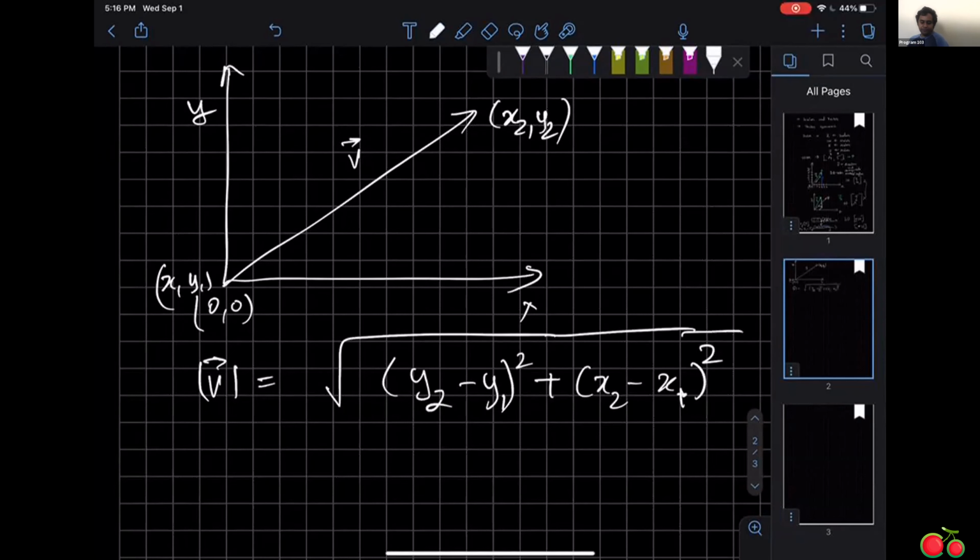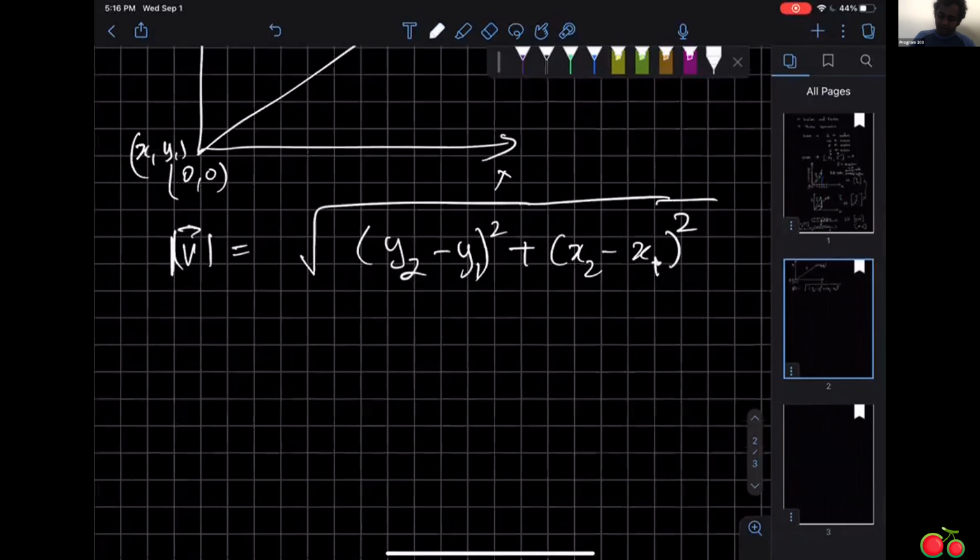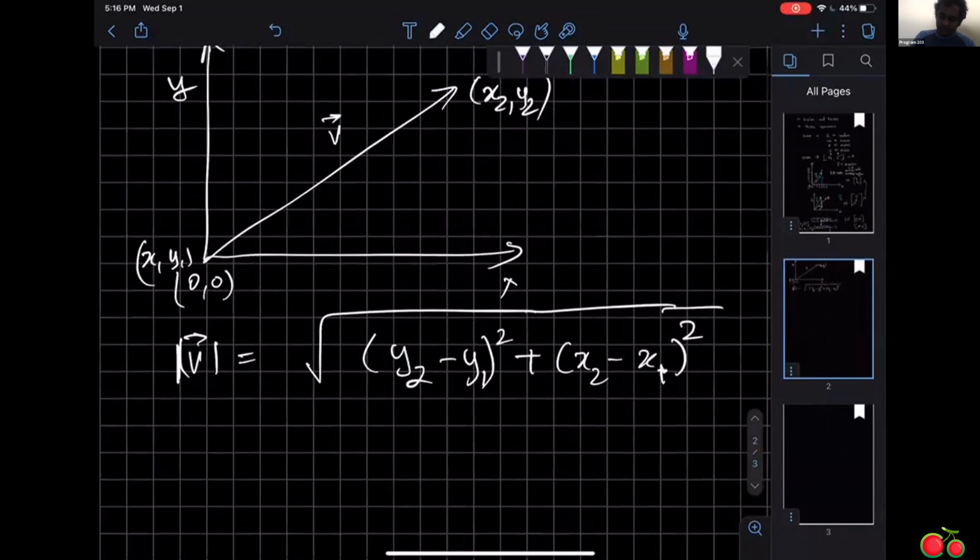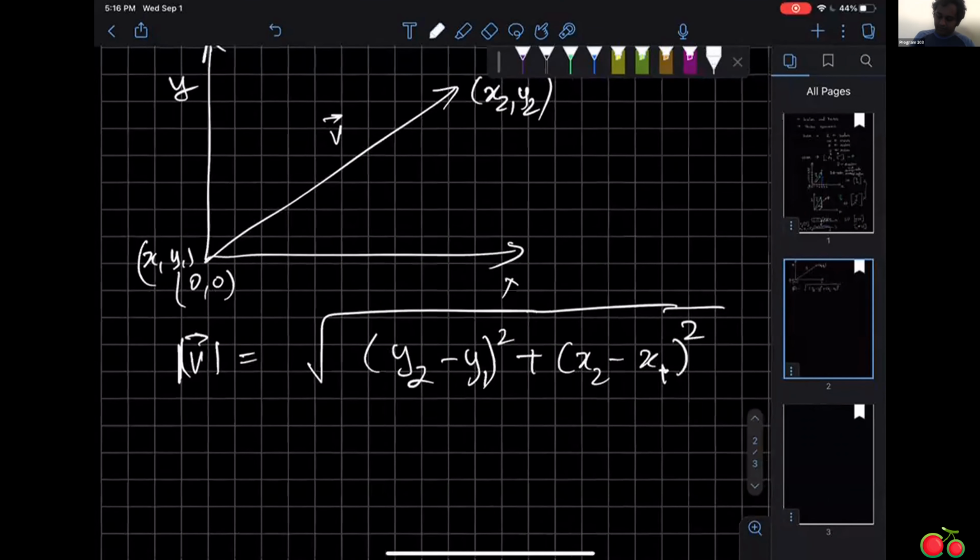Okay, so this quantity, it looks messy, but it's actually fairly straightforward. All it's telling you is that I want the difference between the x's, so x2 minus x1, which is this difference. My x2 here is some number, and my x1 here is some number.